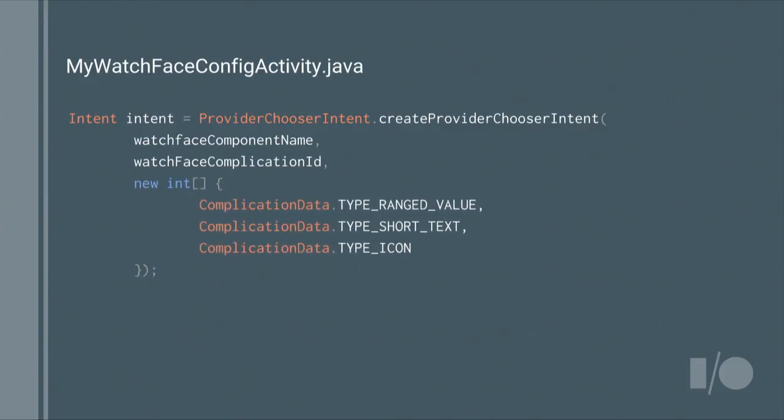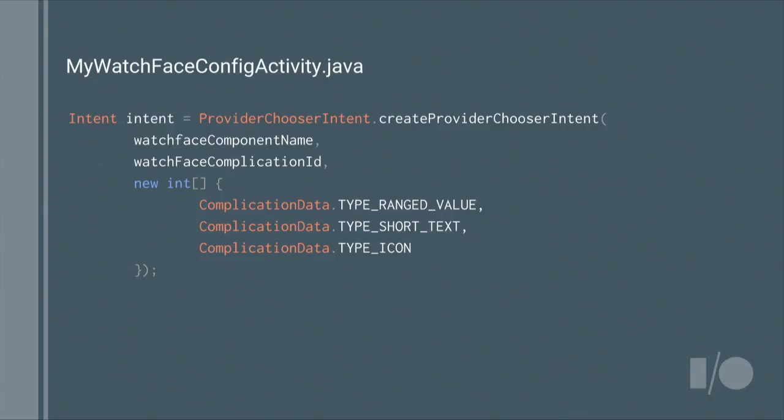You then pass in the types supported by that complication. In this list, the order does matter. You list them in order of preference, with the most preferred coming first. In this example, we've put ranged value at the top. That's because that type conveys the most information to the user, so that's often a good choice, and that's a good way to think about this.